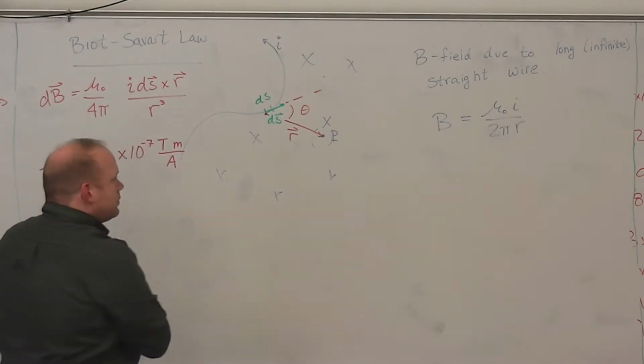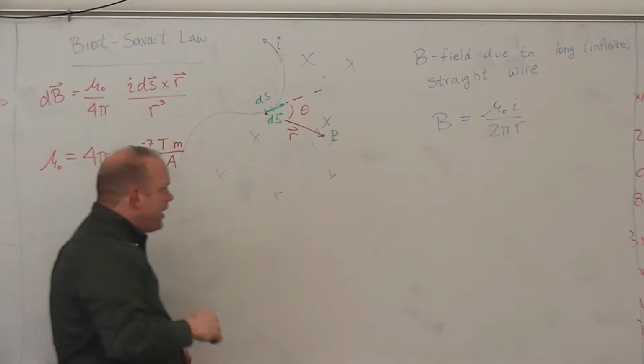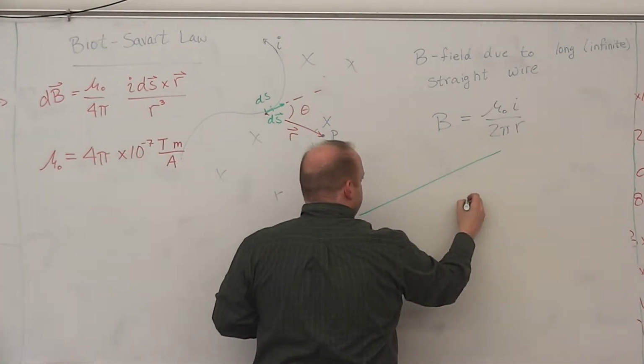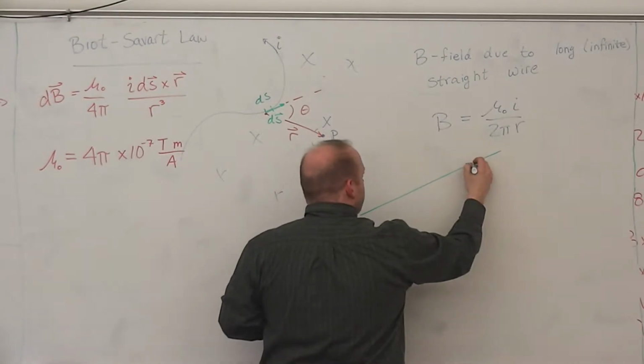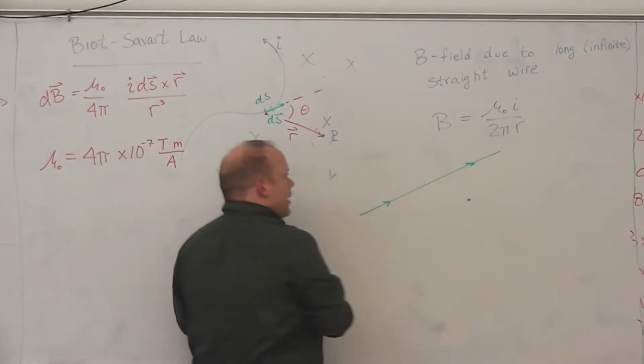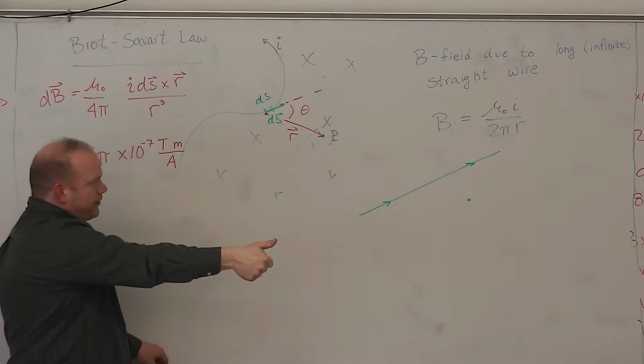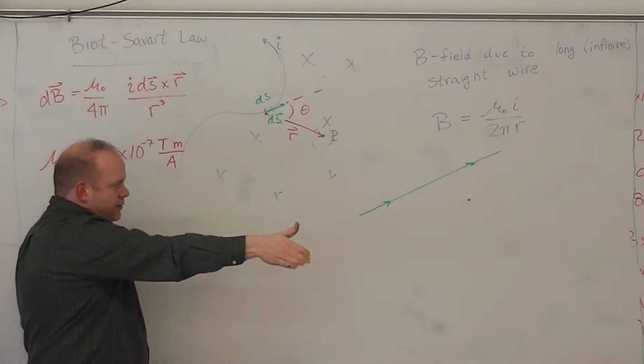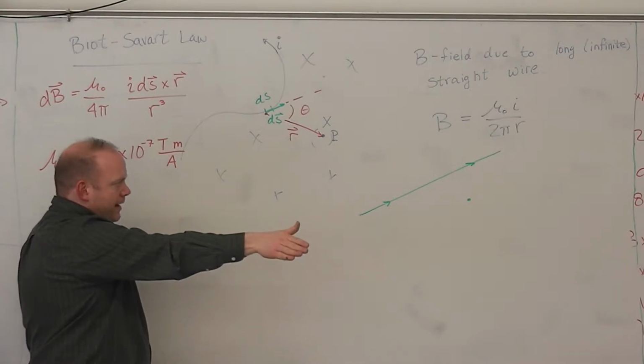So now, we could also look at this. If we have a long wire, and I'm looking at a point right here, current's going like this. Now, right-hand rule, our thumb points in the direction of the current, our fingers wrap around in the direction of the magnetic field.